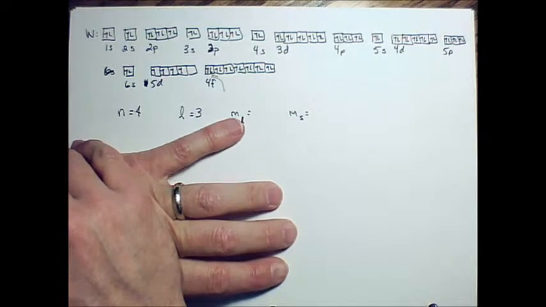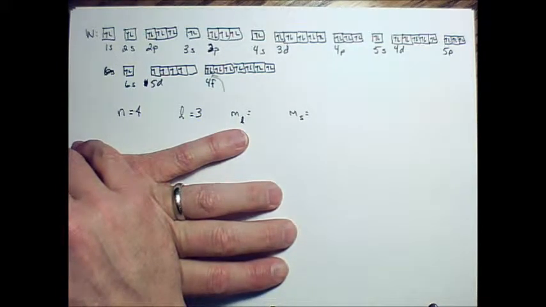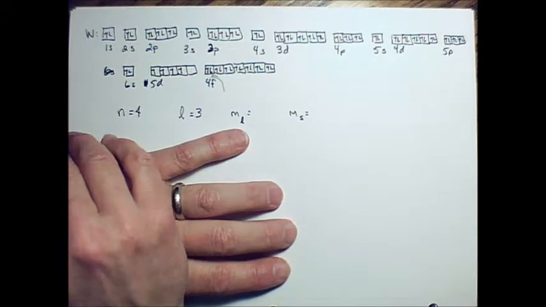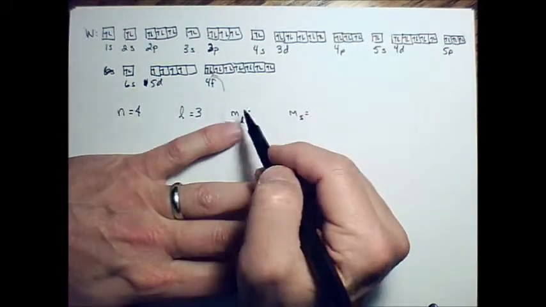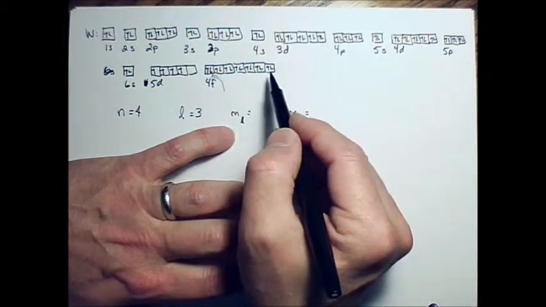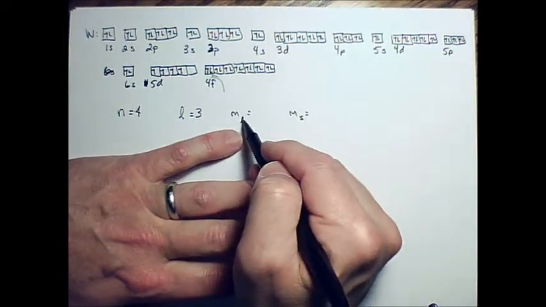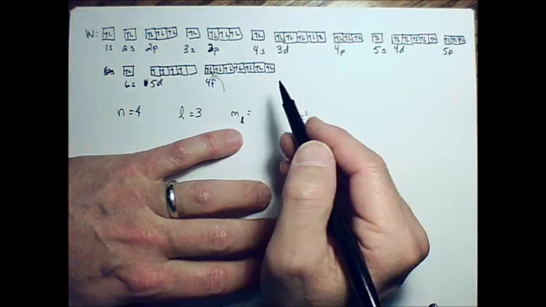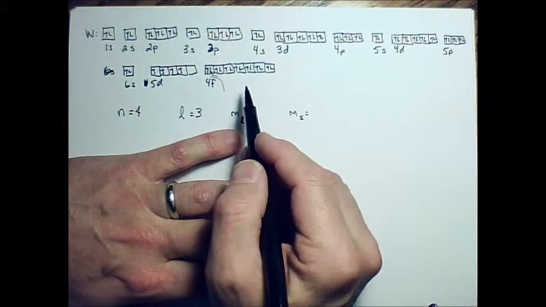You're right, Monday. Okay. m sub l is which orbital the electron is located in. Now I'm going to repeat myself for about the umpteenth time here, but there really is no direct relationship between where we put these boxes or these squares and which m sub l quantum number it is. But for convenience, a lot of teachers do this. We just number it this way.